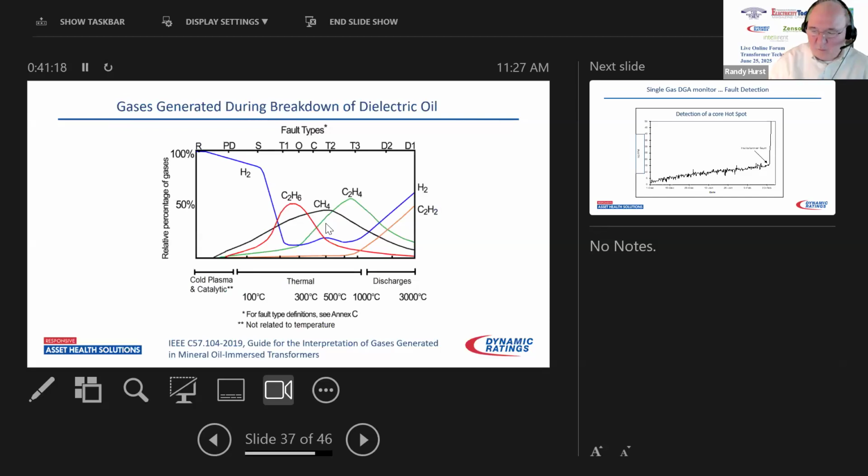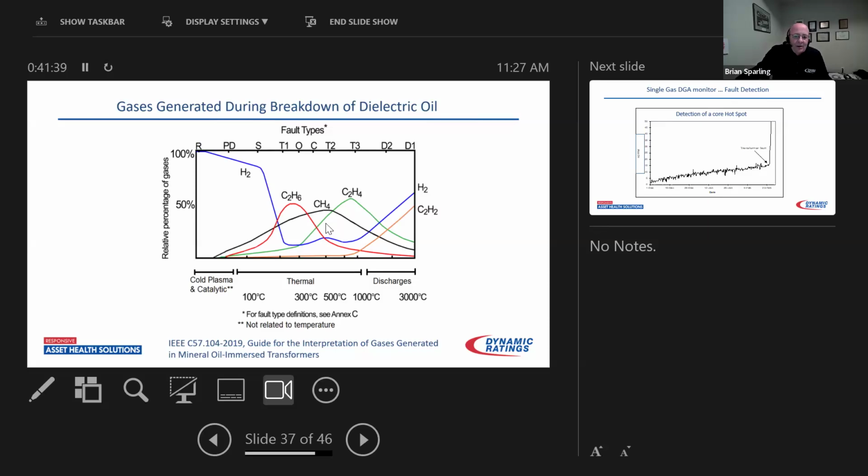What you're looking for, and this is from C57.104, the latest guide, is this chart, in case you're trying to figure this one out. Across the bottom is the temperature in the area of the fault, not the top oil temperature, not the ambient temperature, the temperature of the fault.